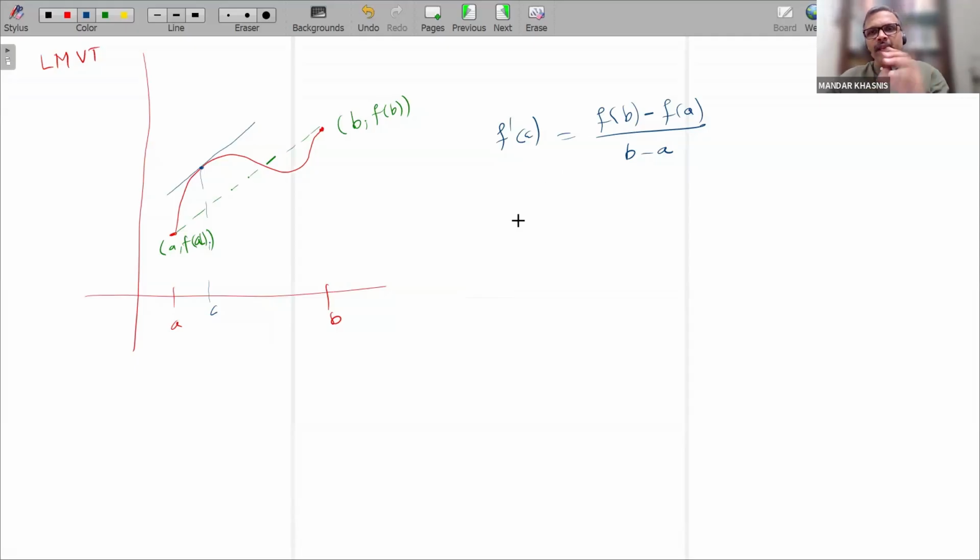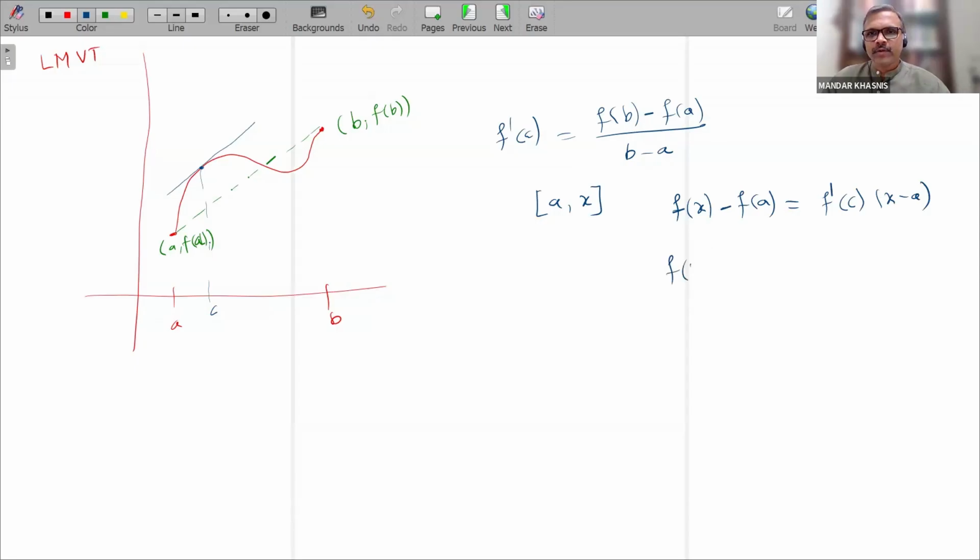So, a quick point I want to mention here is, if I take the interval a to x, what do I get? There exists some f dash c such that f(x) minus f(a) equals f dash c times x minus a. I'm replacing b by x, that's it.